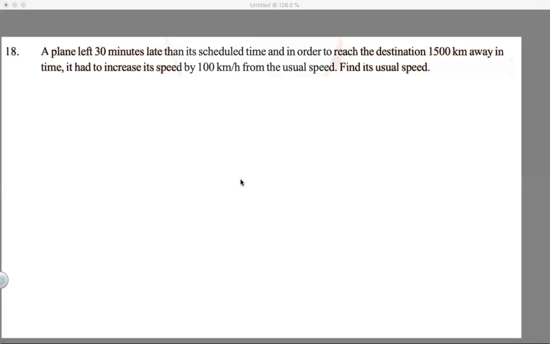How will we do this? Okay, okay, let's try and do it.